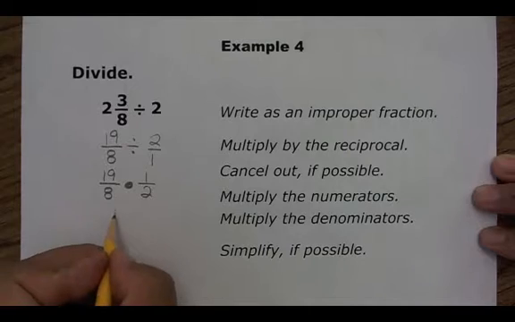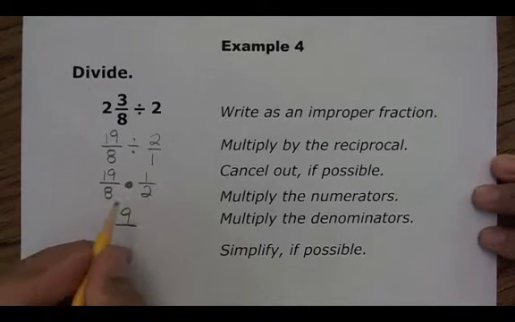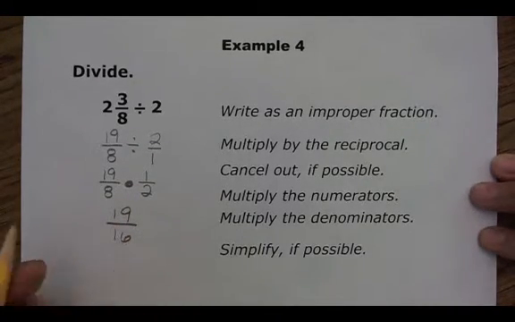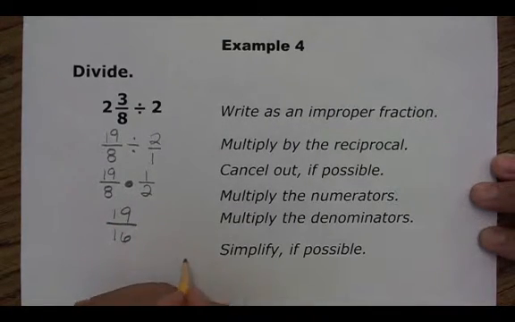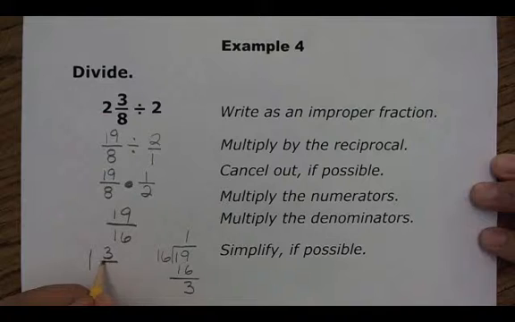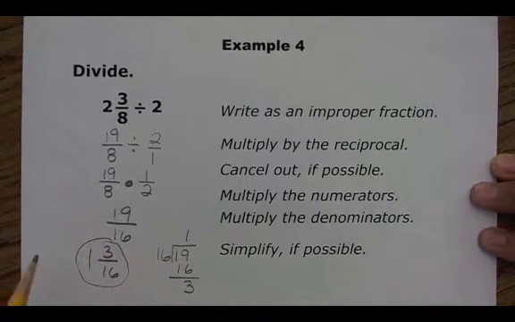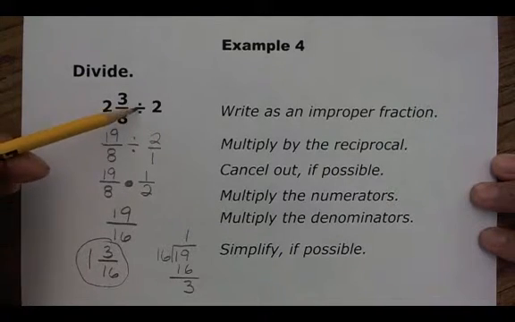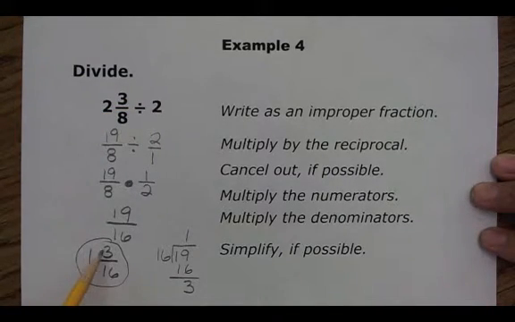So 19 times 1 is 19, 8 times 2 is 16. I notice that this is improper, 19 over 16, so I'm going to try to simplify it. 19 divided by 16 goes in once, and I notice the remainder is 3. So my whole number is 1. My remainder is 3 over 16. So it's 1 3/16. So 2 3/8 divided by 2 is equal to 1 3/16.